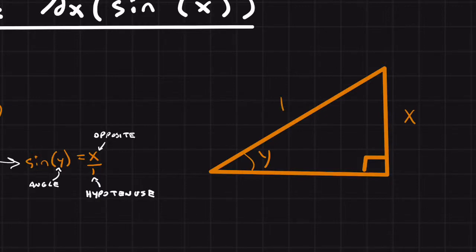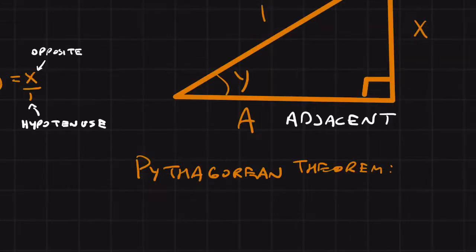Let's call the bottom side here a, which is the adjacent side. The Pythagorean theorem says that the two legs of a right triangle, in this case a and x, if you square both of these, that would be equal to the square of the hypotenuse. So a squared plus x squared is equal to 1 squared.